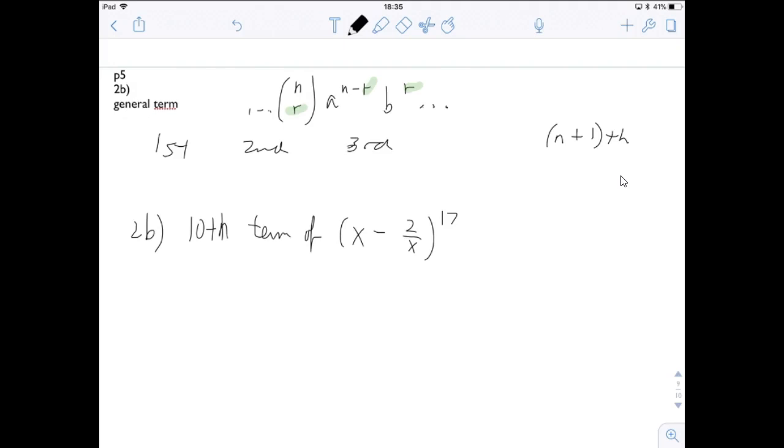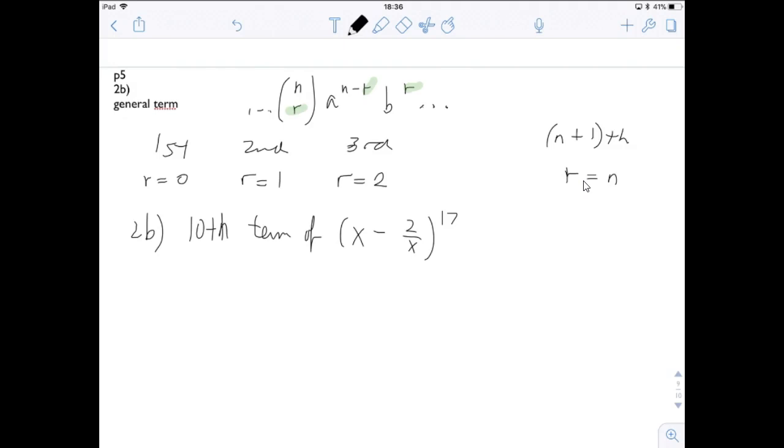It's actually one less. So for the first term, the r value is 0. The second term, the r value is 1. The third term, the r value is 2. Do you see how it's always one less than the ordinal number of the term? So for the n plus 1th term, the r value would just be n. So that's what the r means.